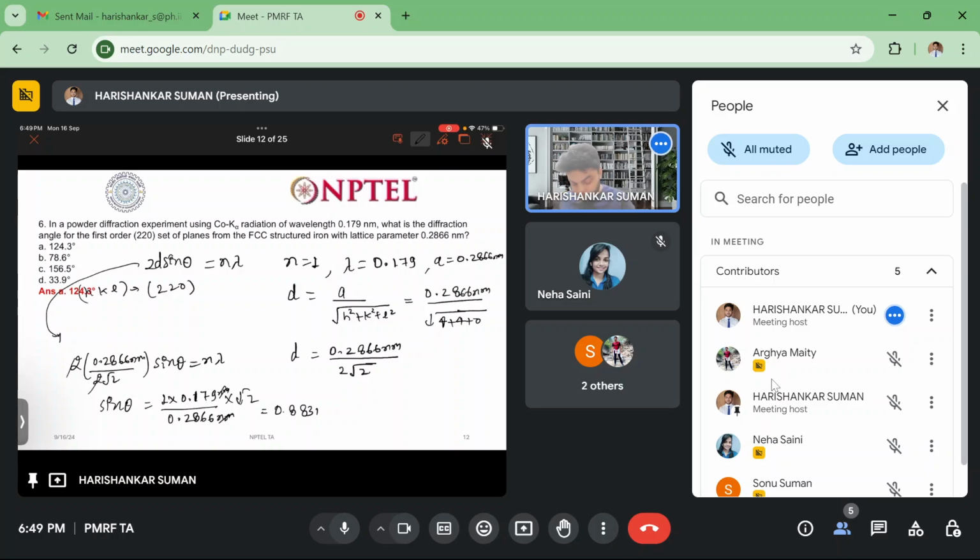So theta will be sine inverse of 0.8831, approximately.